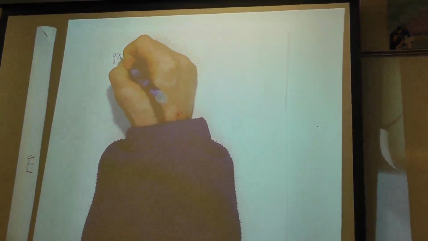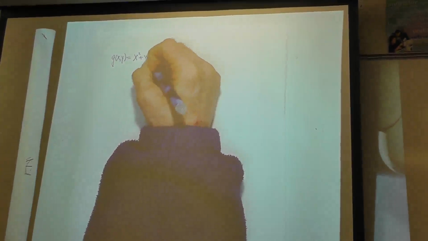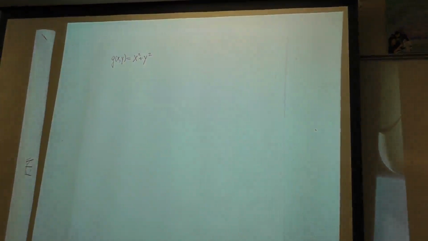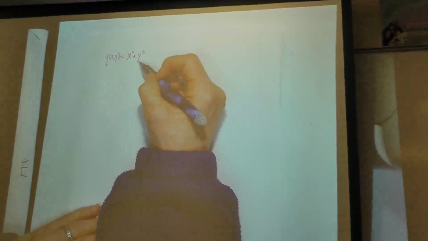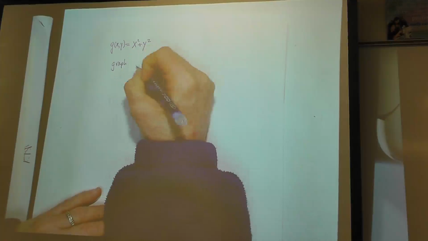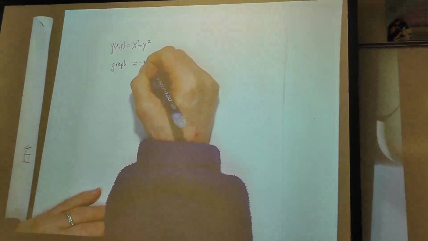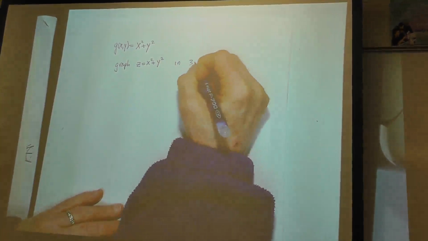So, to begin with, let's start with a function of 2 variables. So I'll look at g of x, y equals x squared plus y squared. And there are going to be 2 ways we look at visualizing this. One way is to simply graph the following: z equals x squared plus y squared, and we graph this in 3 dimensions.